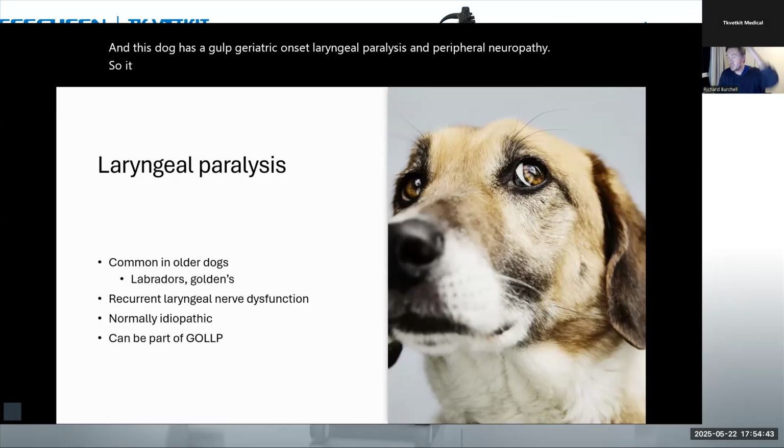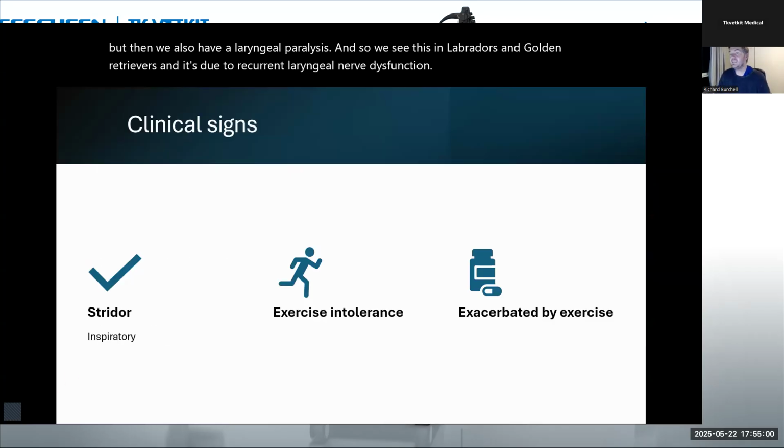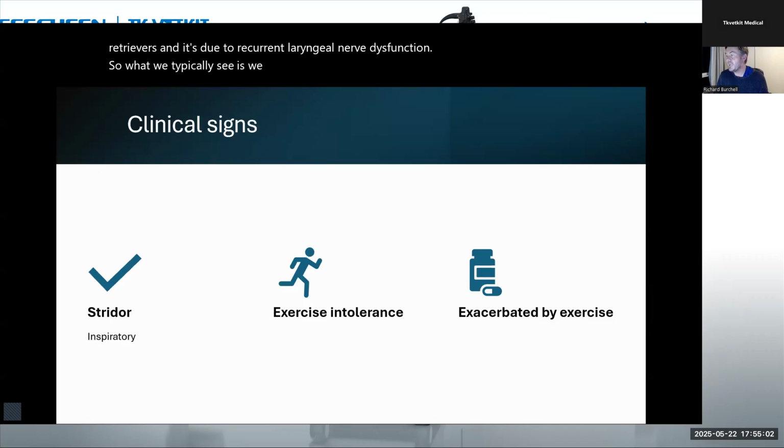It's a common condition where we have a polyneuropathy and hind limb paralysis, but also a laryngeal paralysis. We see this in Labradors and Golden Retrievers, and it's due to recurrent laryngeal nerve dysfunction. What we typically see is a stridor and exercise intolerance, and it's exacerbated by exercise.